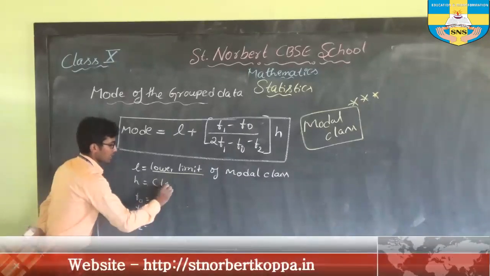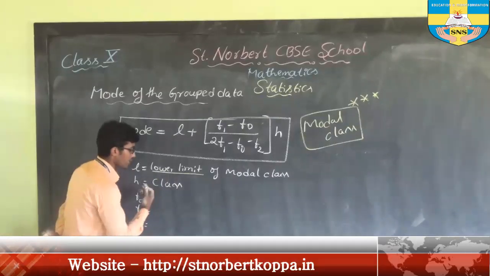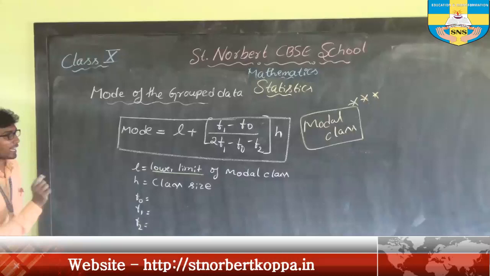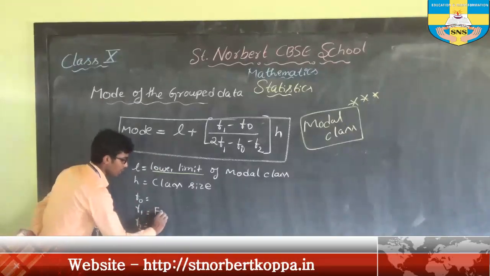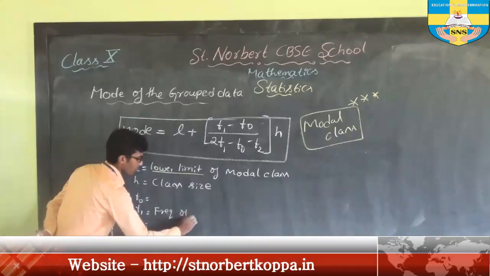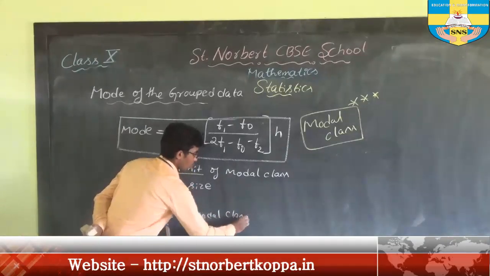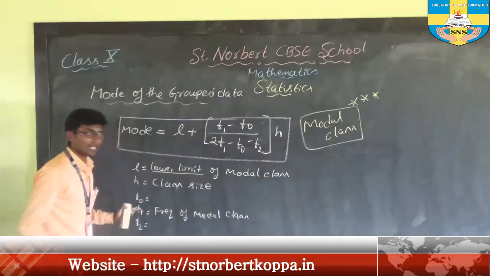H is like what we used previously in mean. Yes, H is the class size, the number of elements in every class interval. Then F1 is the frequency of the modal class. After guessing the modal class, the frequency of the modal class is F1.